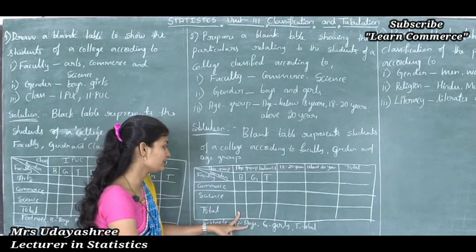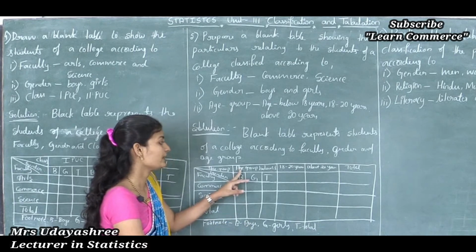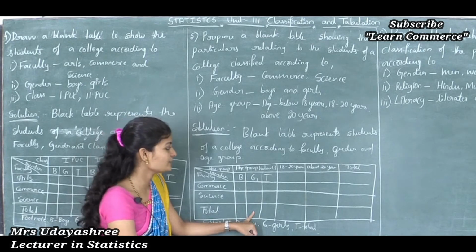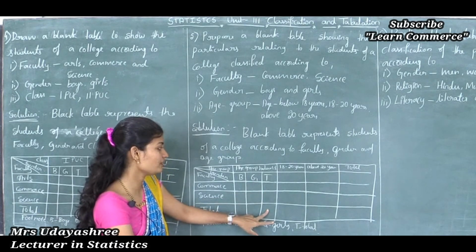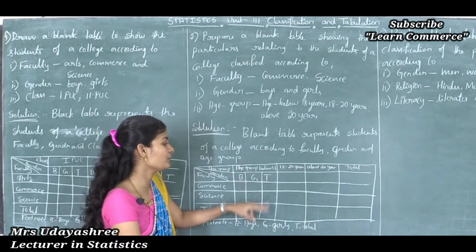Next, this column indicates the total number of boys of age group below 18. This column indicates the total number of girls of age group below 18. This column indicates the total number of students of age group below 18.